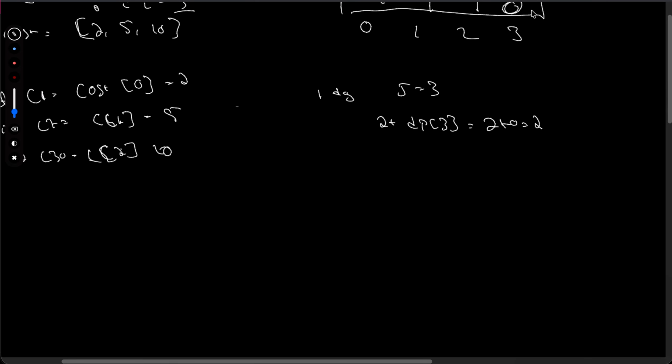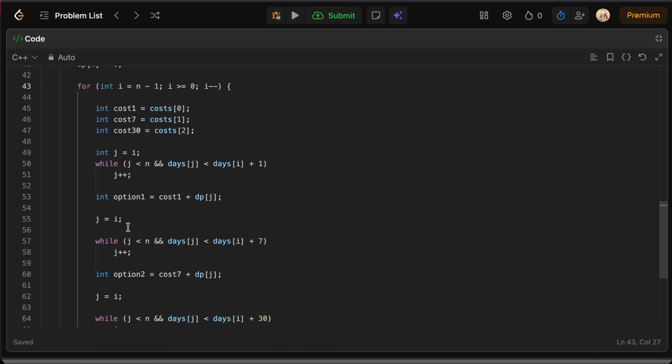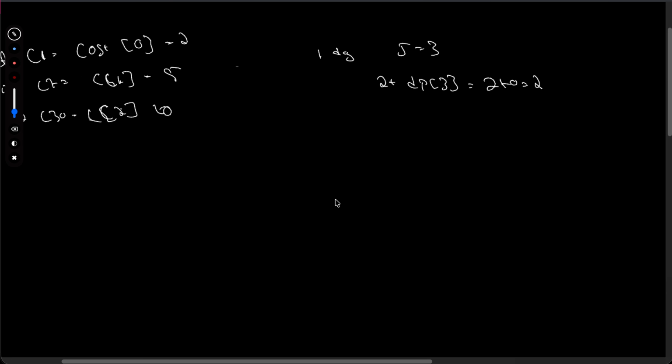Now we calculate this line, the 7 day pass: it covers 5 days, and the next uncovered day is j equal to 3, so option 2 is 5 plus 0, it is 5.